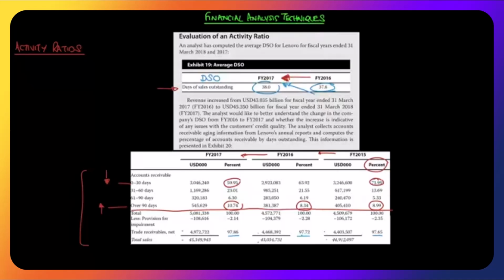Every business should be putting aside a provision for amounts that will not be collected. And we have information on that. What Lenovo is calling provision for impairment back in 2015, 2.35%. In 2017, I mean, yes, it went up there, but in 2017, it is only 2.14%. Debt is getting older.